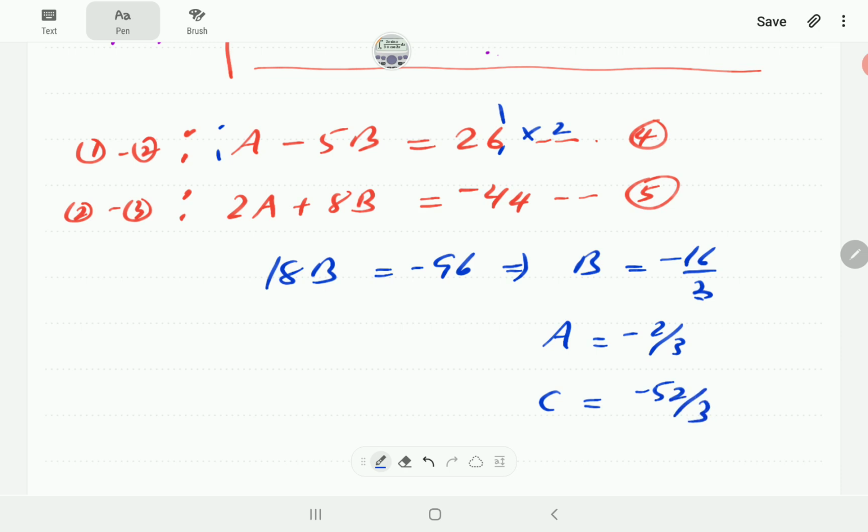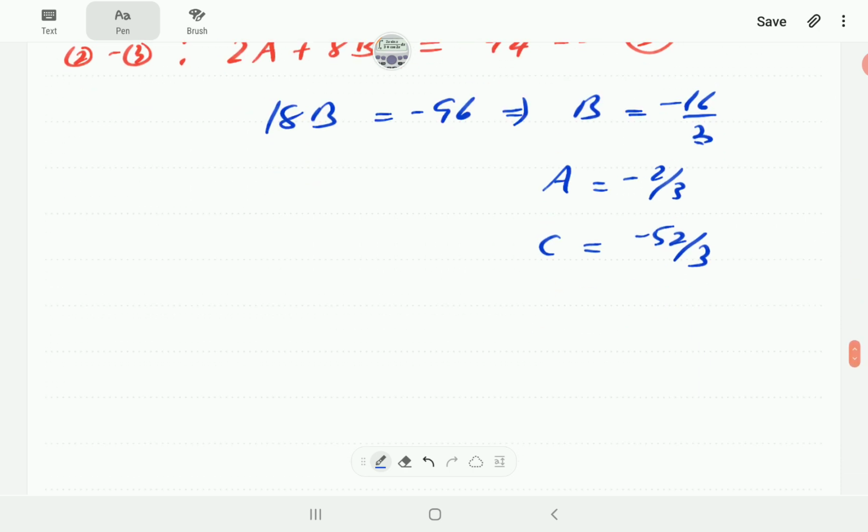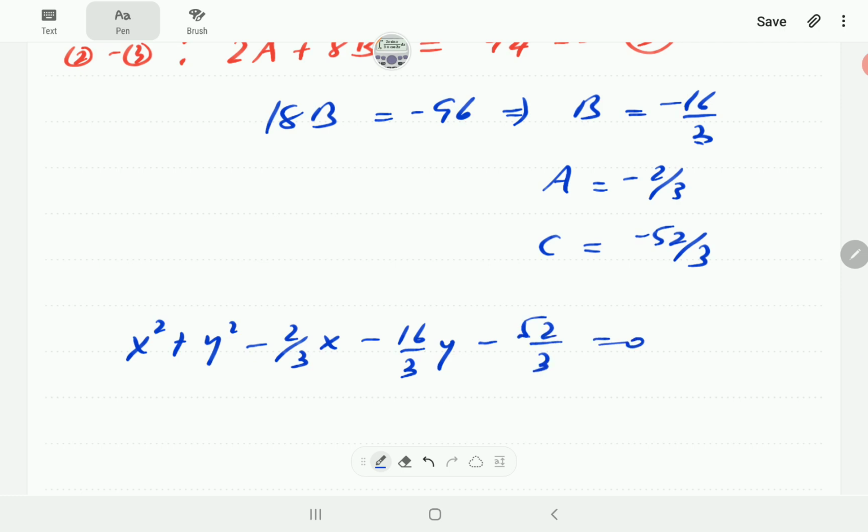52 over 3. So our equation is going to be x squared plus y squared, then a is minus 2/3, b is minus 16 over 3, and then c is minus 52 over 3.